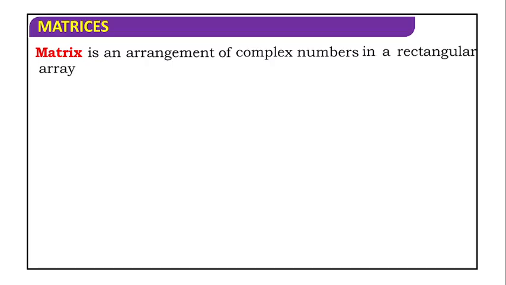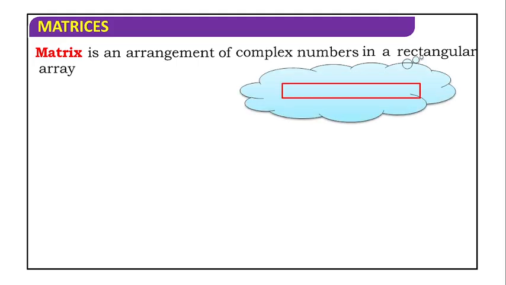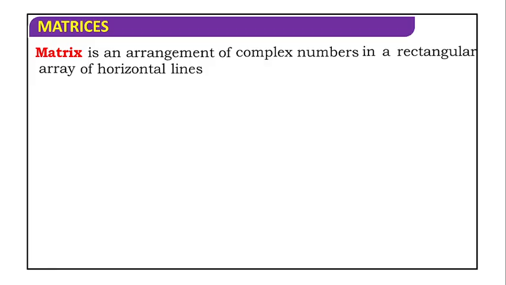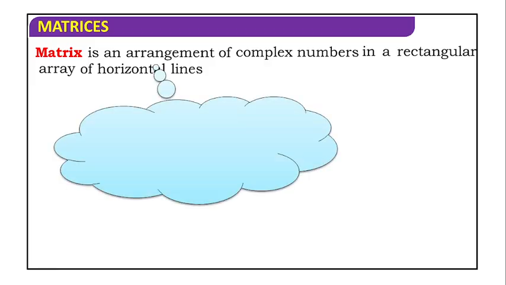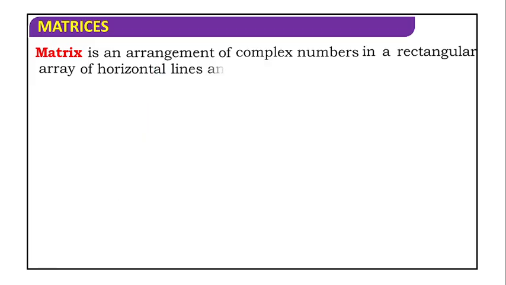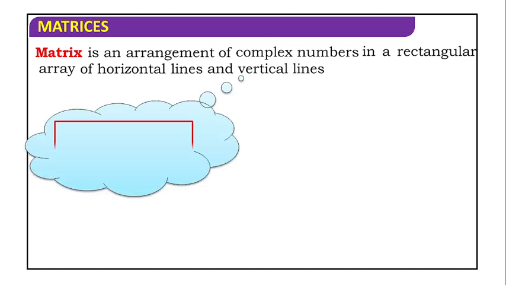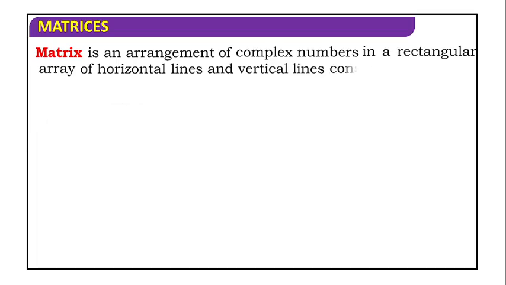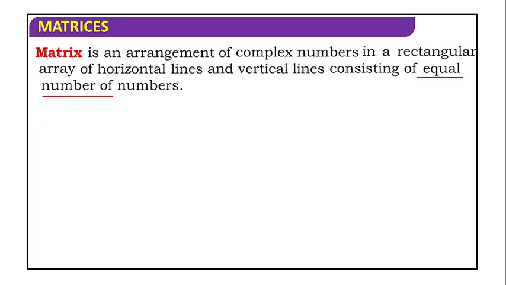In a rectangular array or rectangular shape, there are horizontal lines and vertical lines consisting of an equal number of numbers.